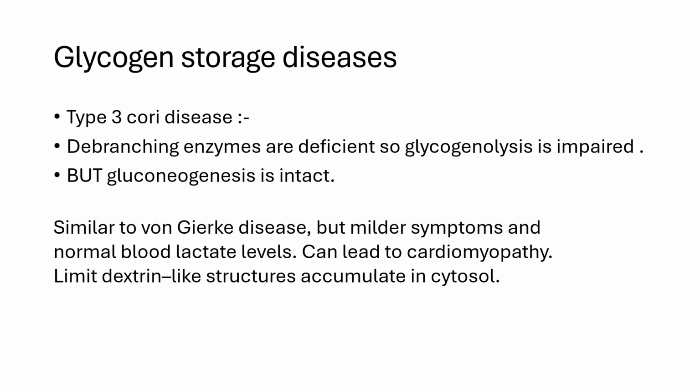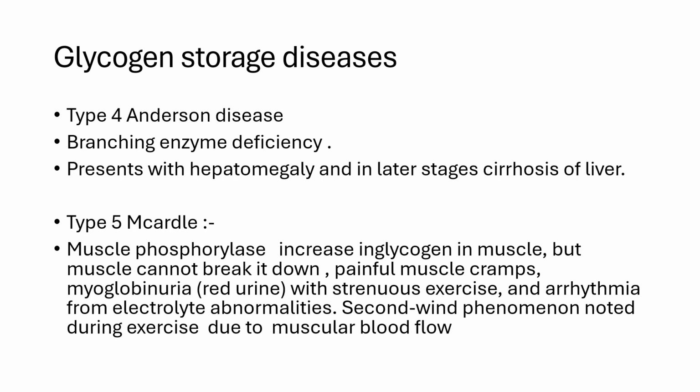Now in type 4 Anderson disease, we have branching enzyme deficiency. This is more related to glycogen formation.